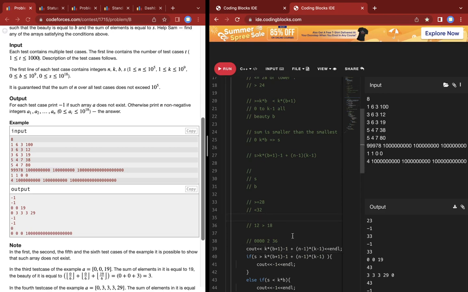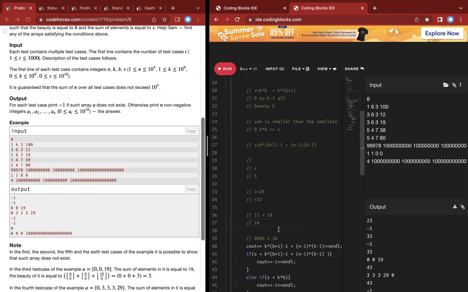Shouldn't it be 32 then? 18 है हमारे पास 6 into 3, इसमें हम 4 और ऐड कर सकते हैं, 5 तो नहीं कर सकते राइट?